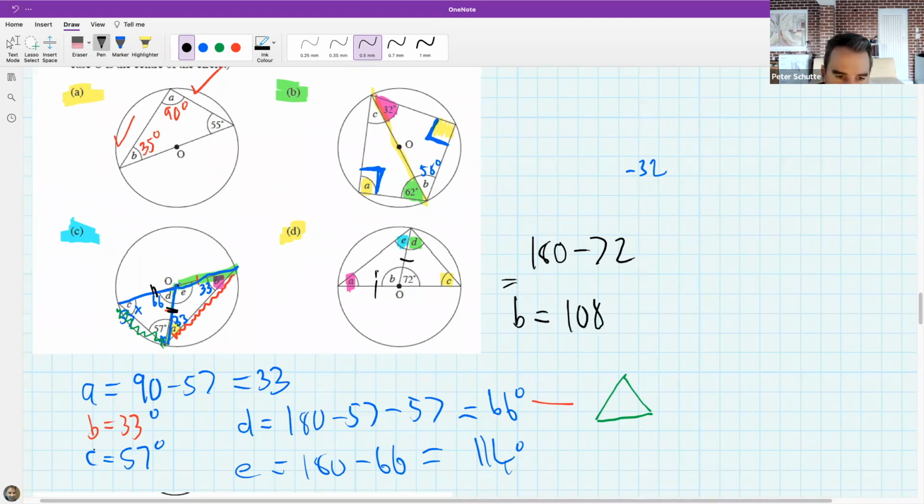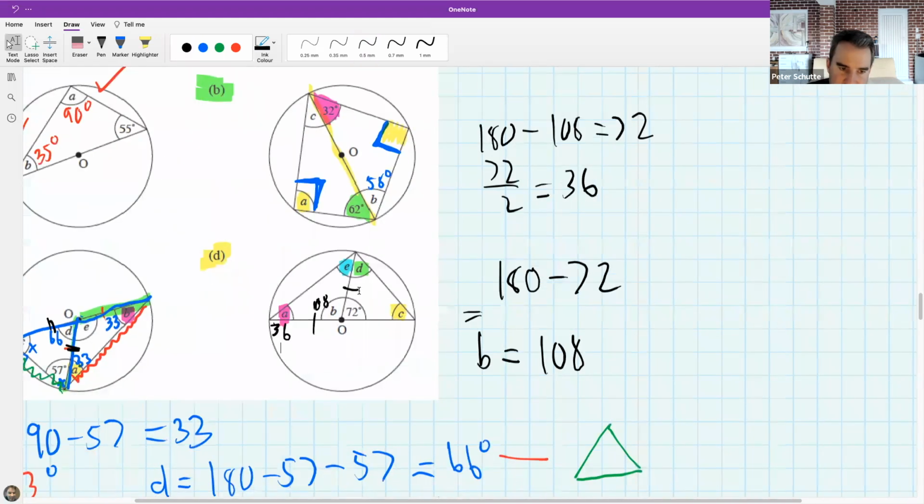And then since the triangle is an isosceles, I subtracted 108 from 180 and then I divided the answer by 2. Yes. So once you got B was 108, you went 180 minus 108 and you got 72, and then you divided it by 2 and you got 36. Yes. So you're saying A was 36.